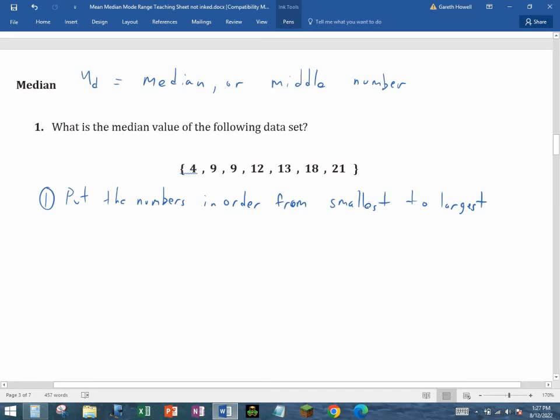That's the first thing we do. We put the numbers in order from smallest to largest. If I look at this data set, they're already put in order for me. So step one is done.